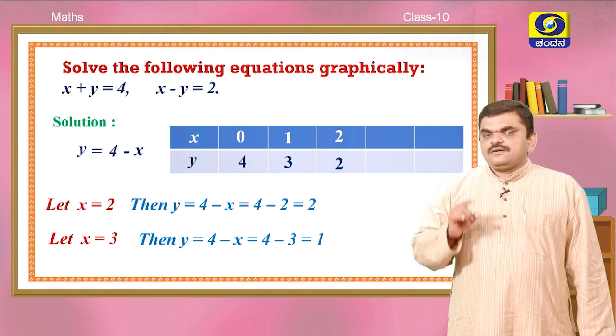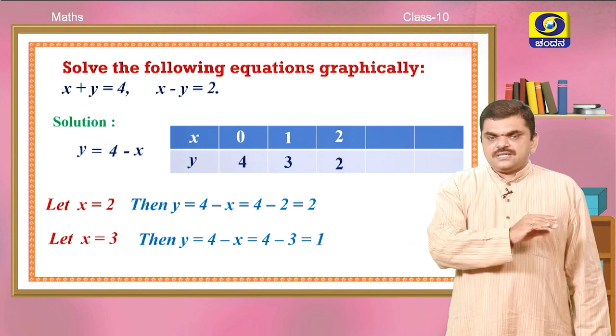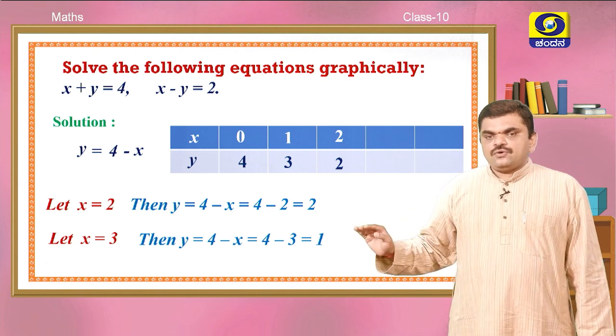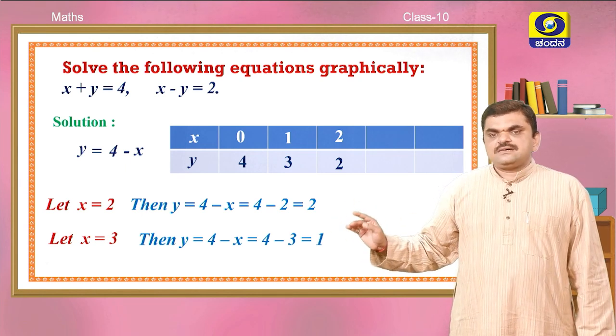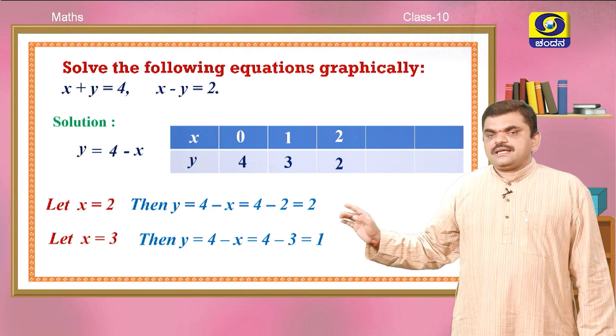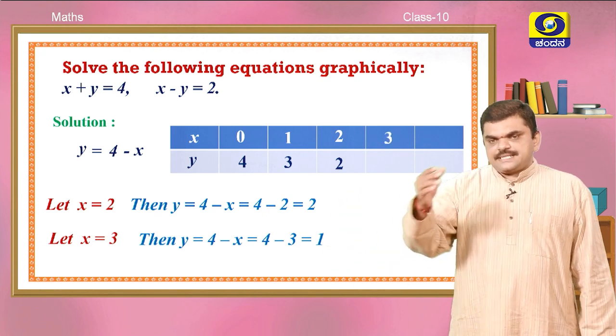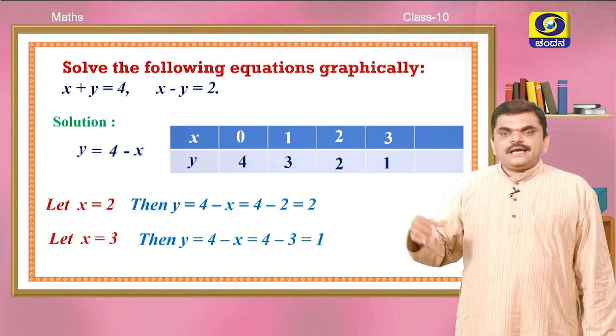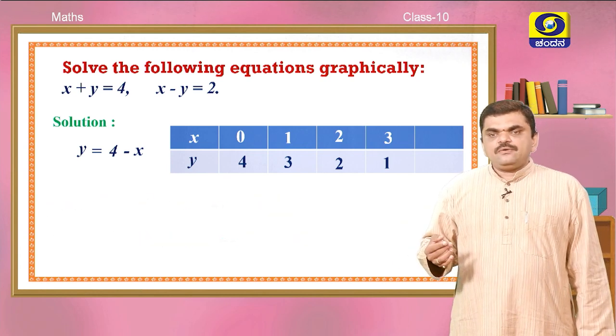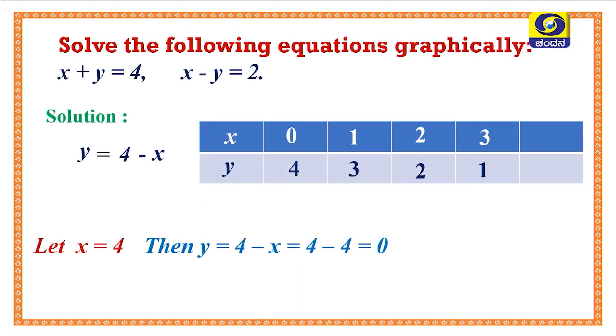Now, when we put the value of x as 3, y becomes 4 minus 3, that is equal to 1. Let us write that one down also. And again we give the value of x as 4, then y is equal to 4 minus 4, that is equal to 0. When x becomes 4, y becomes 0.